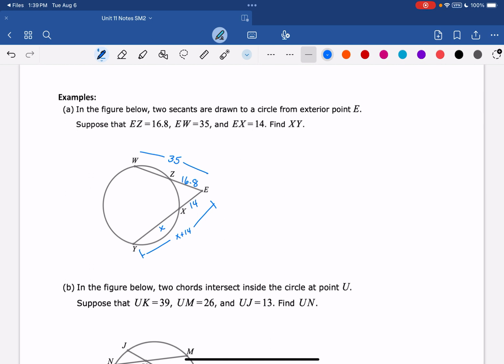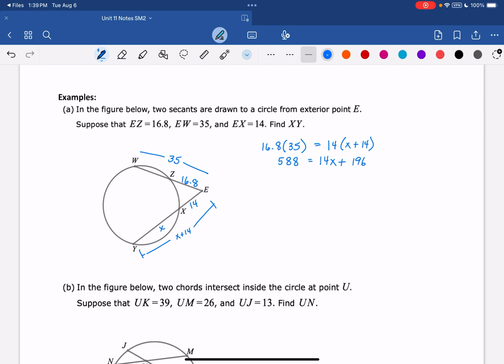Here we go. So we know that 16.8 times 35 should equal 14 times (x plus 14). All right, outside times whole equals outside times whole. So when we multiply the 16.8 times 35, we get 588, and then we would get 14x plus 196.